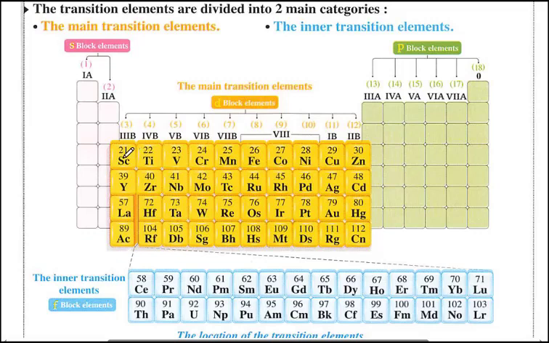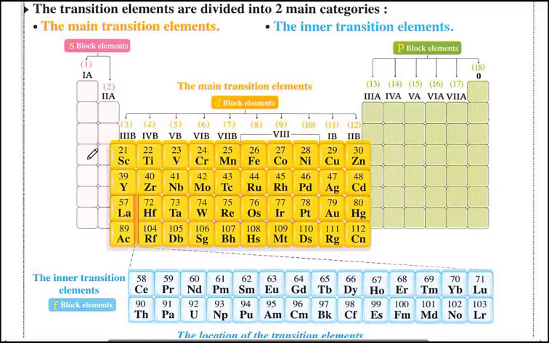Its electronic configuration ends with 4s2 and 3d successively filled, 3d1, 3d2, 3d3, 3d5, 3d5, 3d6, 3d7, 3d8, 3d10 and 3d10.